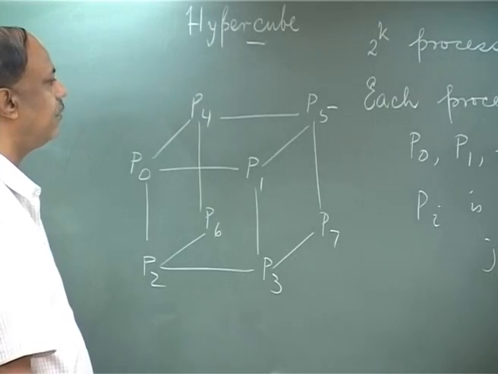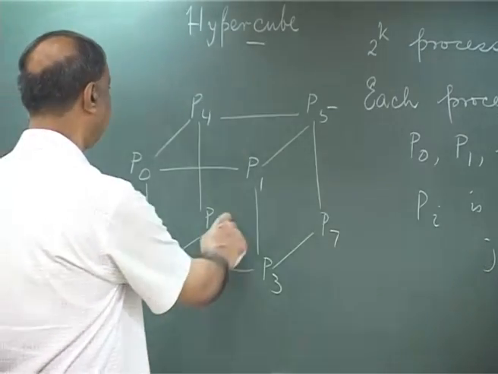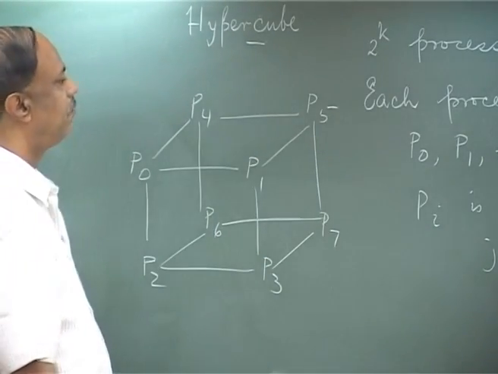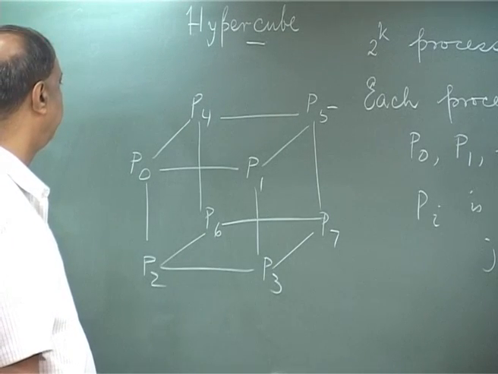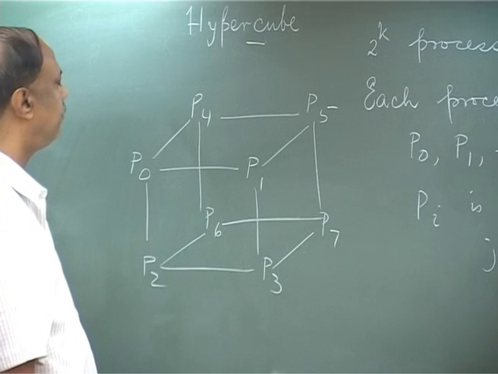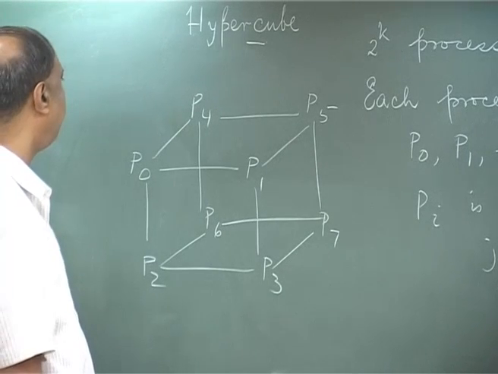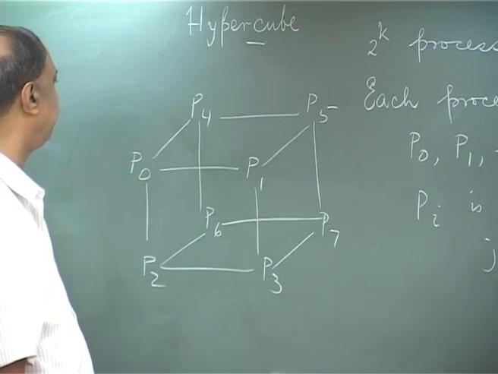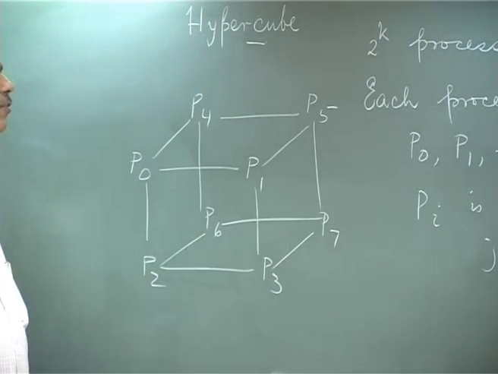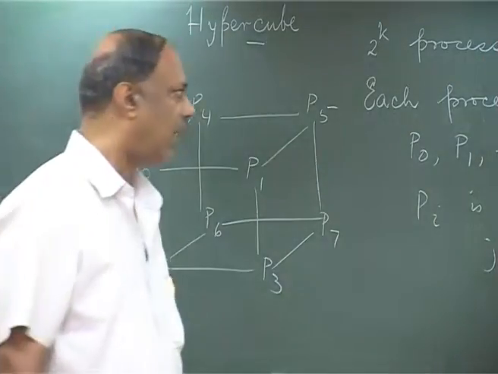P6 is connected with P7, P4 and P2. P7 is connected with P6, P5 and P3. So this is the structure of your hypercube with 8 processors.